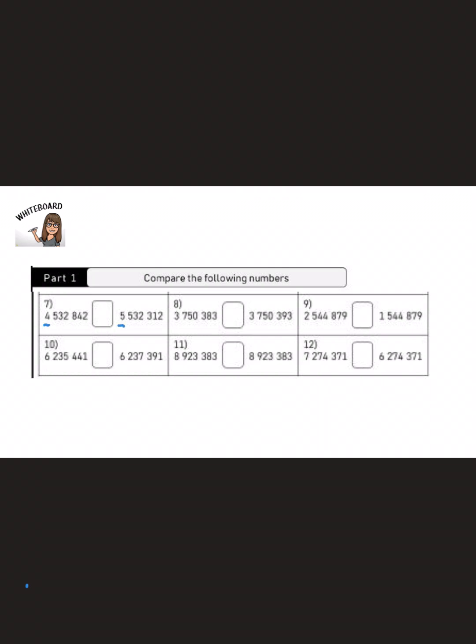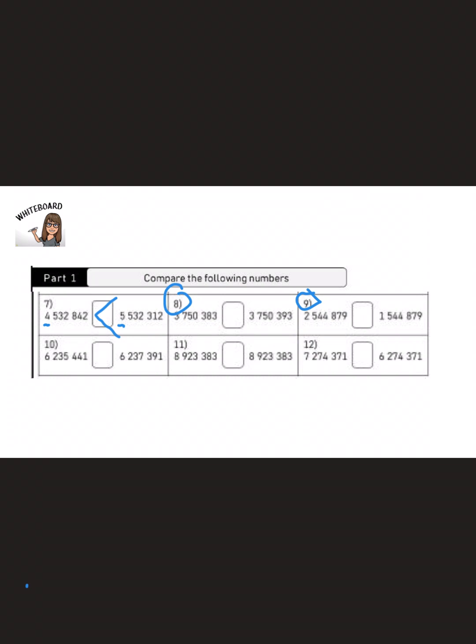Well, 5 is larger, which means this number is larger. So 4,532,842 is less than 5,532,312.